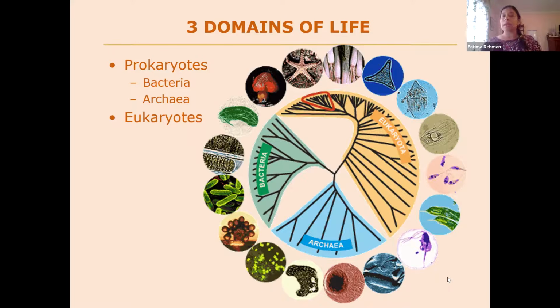And eukaryotes is where you have a true nucleus. Within the prokaryotes, there are also two different domains. You have bacteria, which is what we typically learn about and interact with a lot more, and then archaea, which are as different from bacteria as bacteria are from eukaryotes. So they are their own little class.